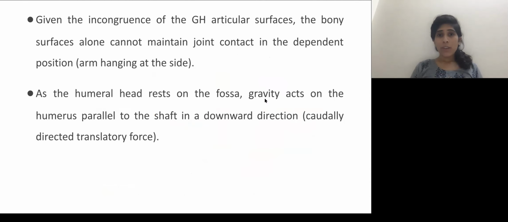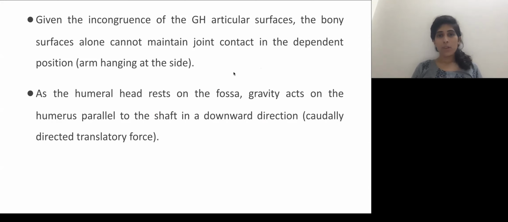Given the incongruence of the GH joint articular surfaces, the bony surfaces alone cannot maintain the joint contact in the dependent position. So, as the humeral head rests on the fossa, gravity acts on the humerus parallel to the shaft, and that will be in the downward direction.